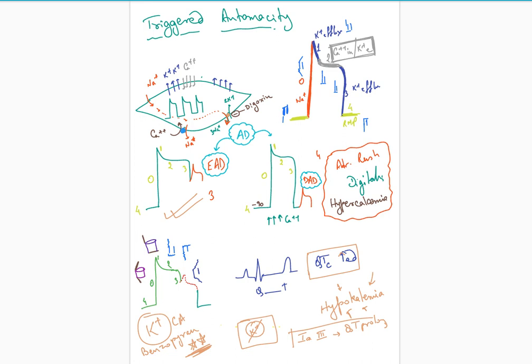Okay. So even during repolarization, where only potassium efflux takes place, though the cell reaches RMP, since the cell is highly loaded with calcium, don't you think that again an action potential will be triggered?